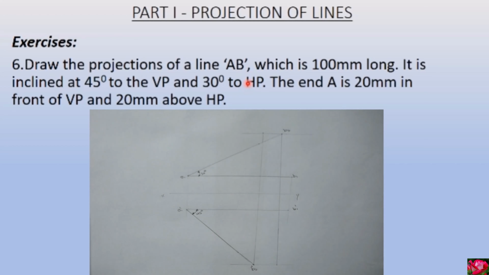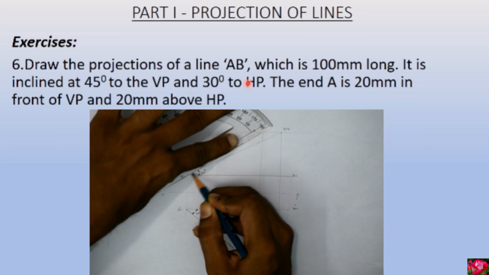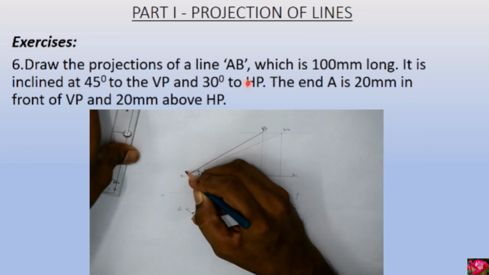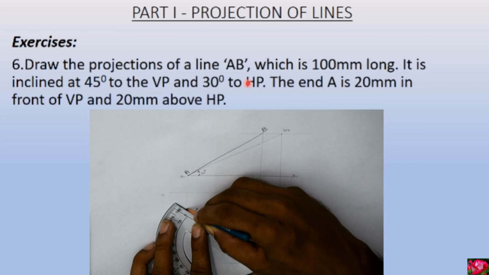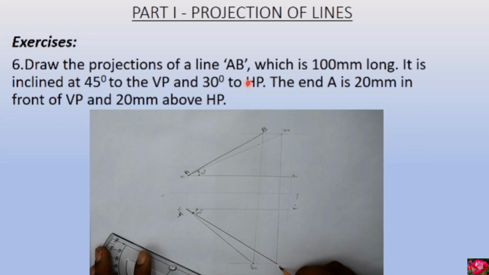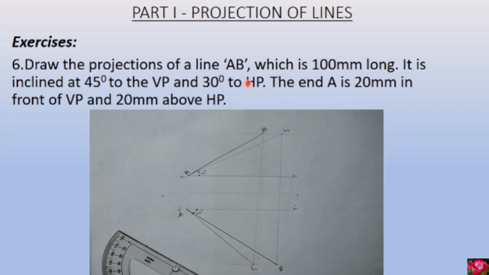So now this will be your final answer. Say this end as B and this end as A, and after joining these points, this end as A dash and this end as B dash. This is our actual final answer.